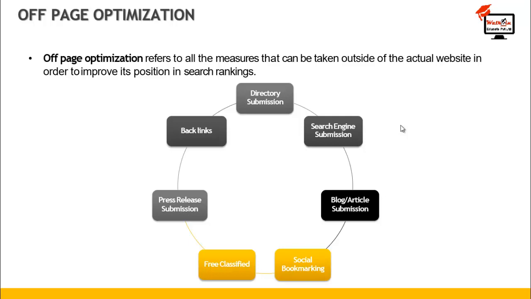We have created a website and done on page optimization on it. Now it's time to promote our website. So where will we promote? There are various places where we will be promoting our website. There are various directories where we can submit our website.